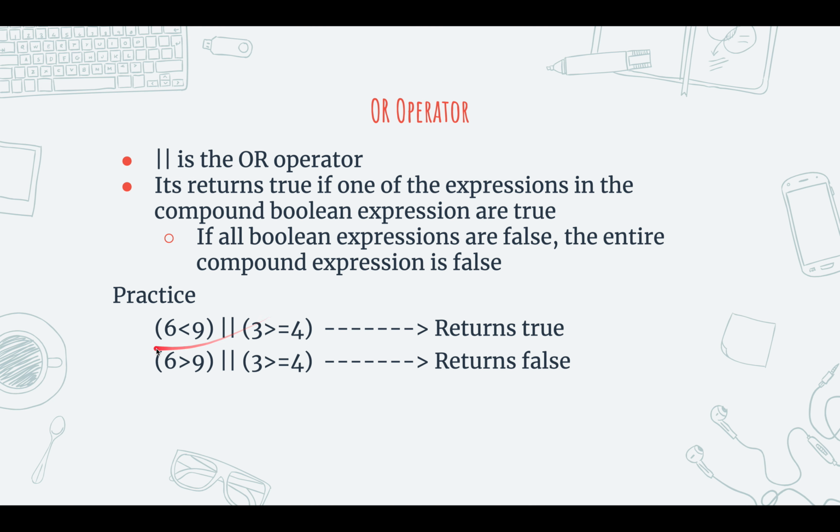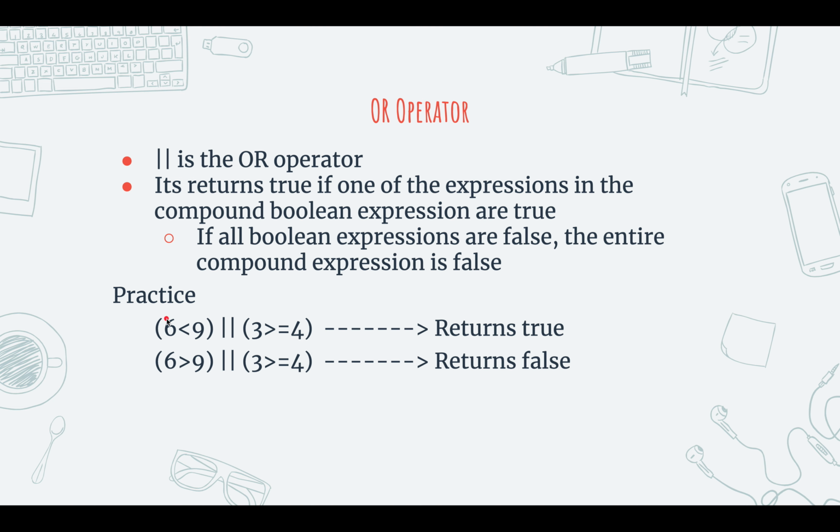So let's look at the first scenario. 6 is less than 9, so this side will be true. Let's look at the other side. 3 is greater than or equal to 4. That is not true because 3 is not greater than or equal to 4, so this turns false.